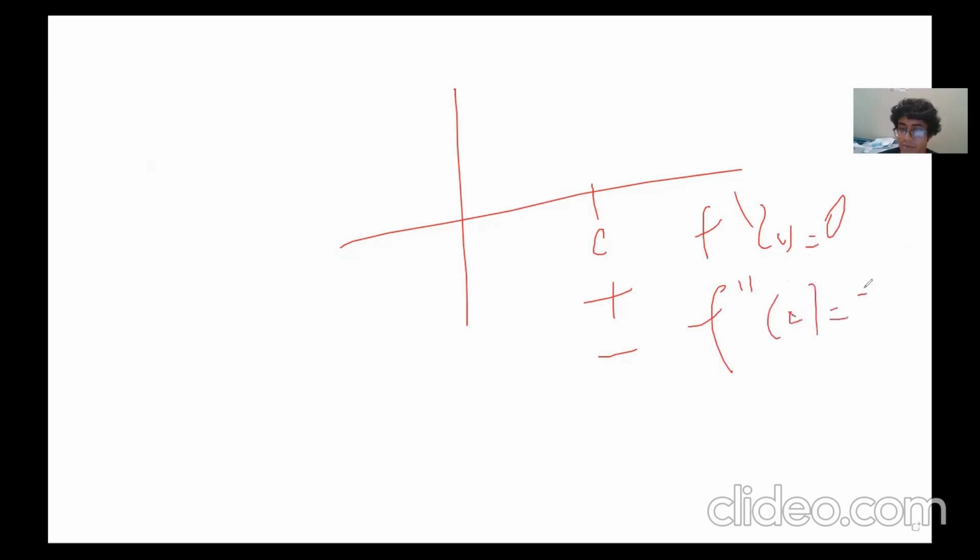But if it's positive or negative, well, then you know it has to be a maxima or a minima, depending on what sign you get, because the only times you'll get a saddle point is maybe if it's an inflection point, you know what I mean? You won't be getting a 0 if it's a max or a min.